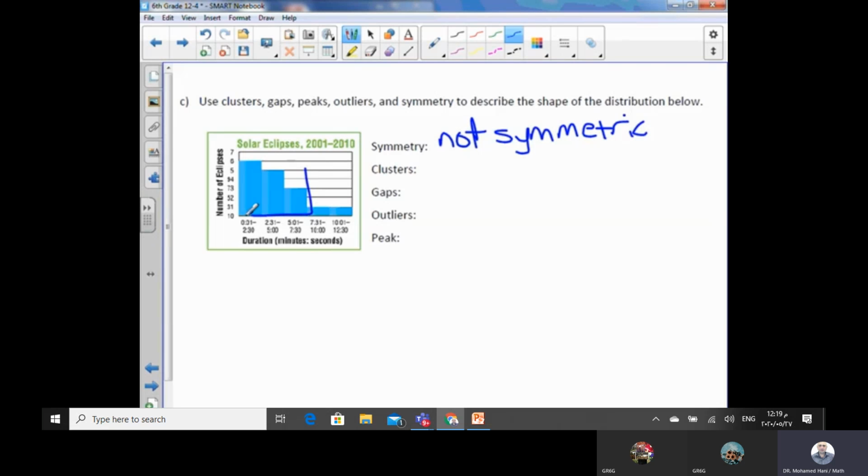Honestly, I can see a cluster in this area. So I would say the cluster is between, looks like minutes and seconds, so I would just say 0:01 to 7:30. And this is minutes.